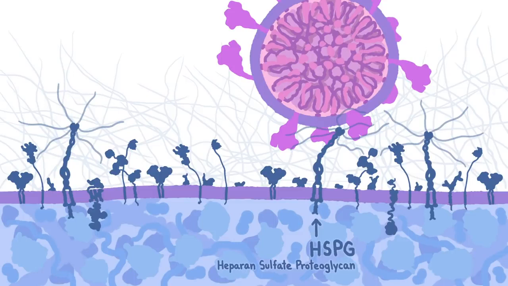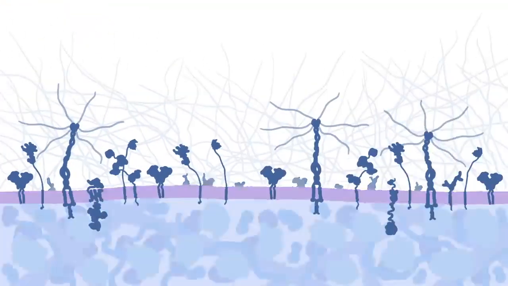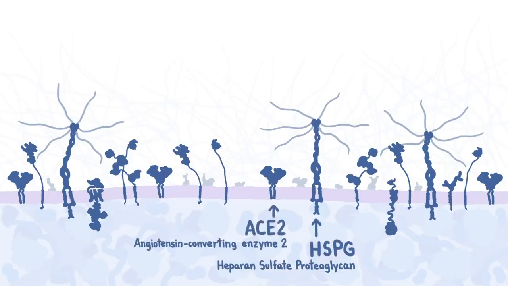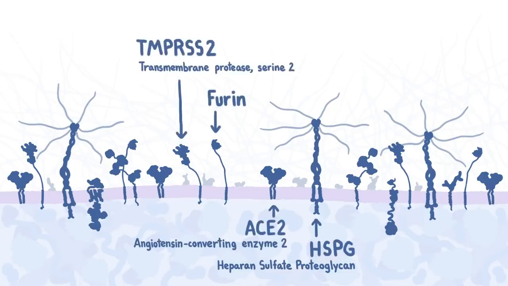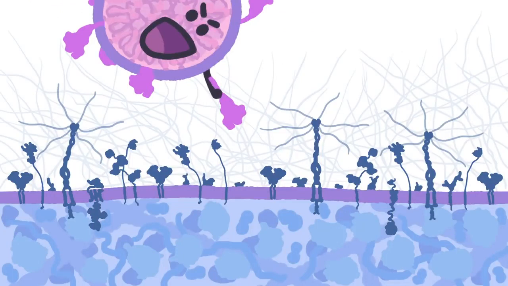This initial tethering allows some of the spike proteins on the virus to get close and stick to another special protein also located on the cell's membrane, the ACE2 receptor. Now, none of these structures on the cell's membrane are here in order to catch viruses. They all have normal jobs in areas like blood vessel formation, blood pressure regulation, and protein activation, to name a few. However, spike proteins have also evolved to take advantage of the cell's infrastructure.